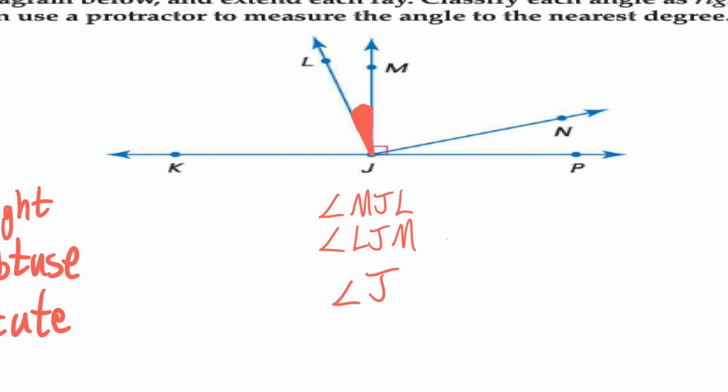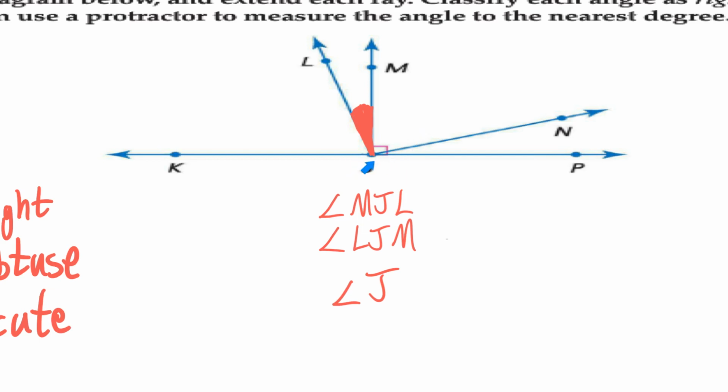Now, I kind of set a trap for you there, because I didn't really tell you any different. But in this case, you could not name this angle J. And let me tell you why. Look up here. How many different angles are up here? There's a bunch. There's more than 4. There's probably at least 10. If you say angle J, is there going to be confusion about what you're talking about?